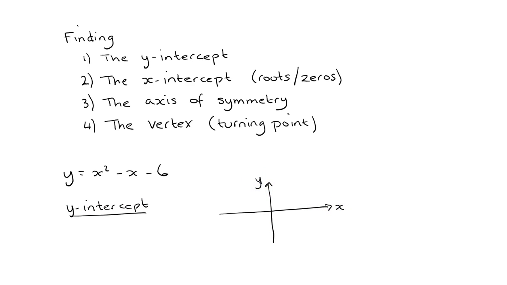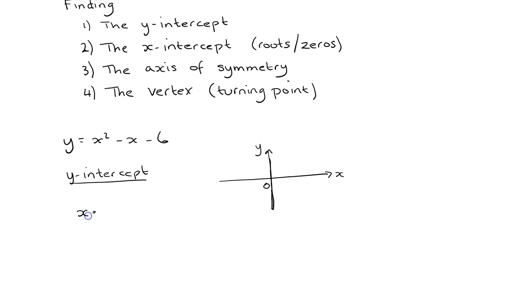We are looking to find where the parabola is going to cross the y-axis, and that will be the y-intercept value. The one thing that we know at this point on the graph is that the x value is 0. We don't know where on the y-axis it will cross, but wherever it is, the x value at that point is going to be 0.